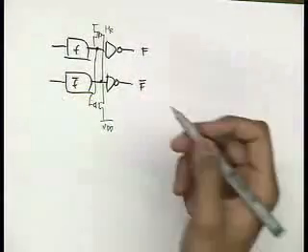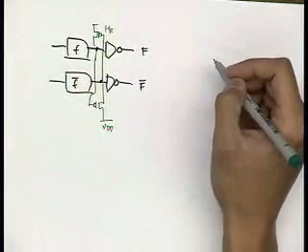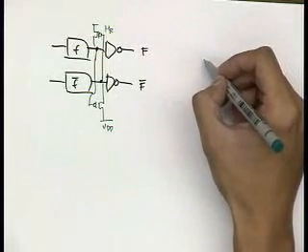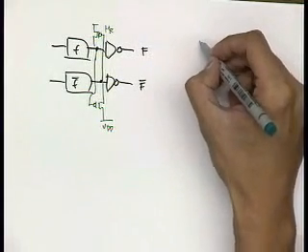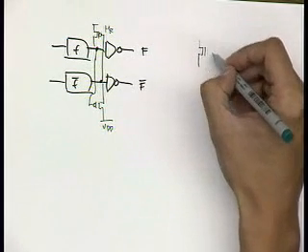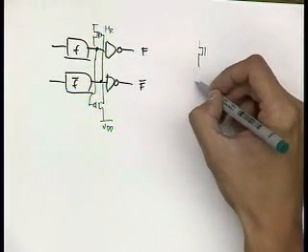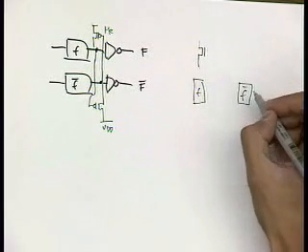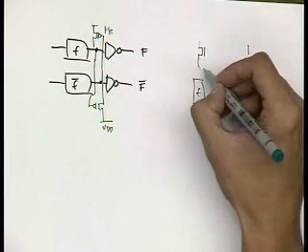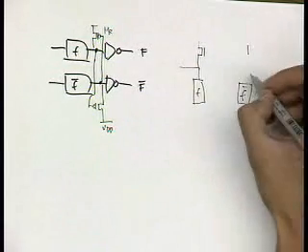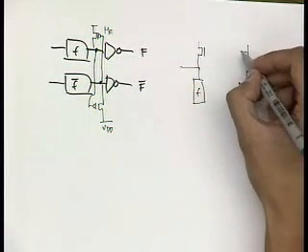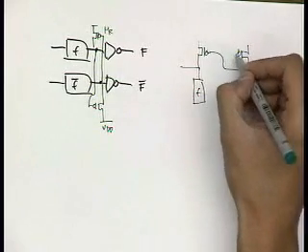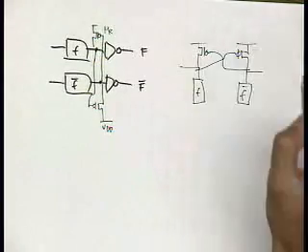If you redraw this, for example, you can redraw this way. This is the output of F bar, and this is my output here, this is my output here. This is connected to here, this is connected to here. What does this look like?